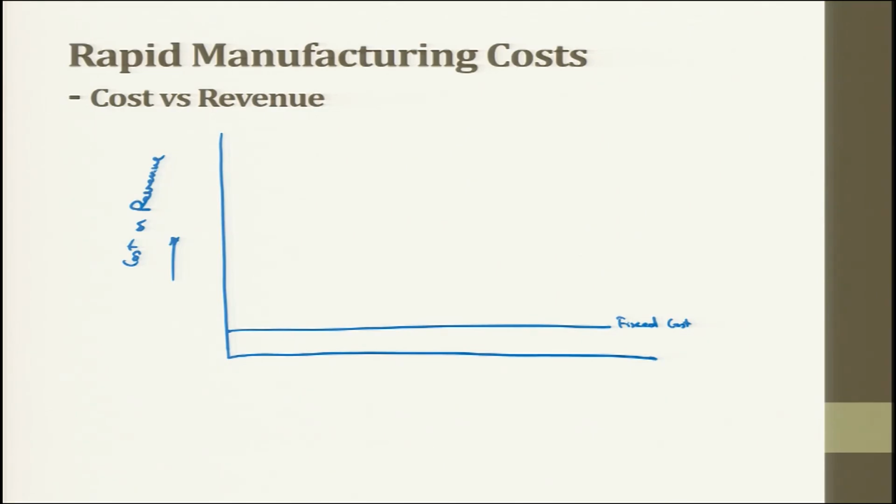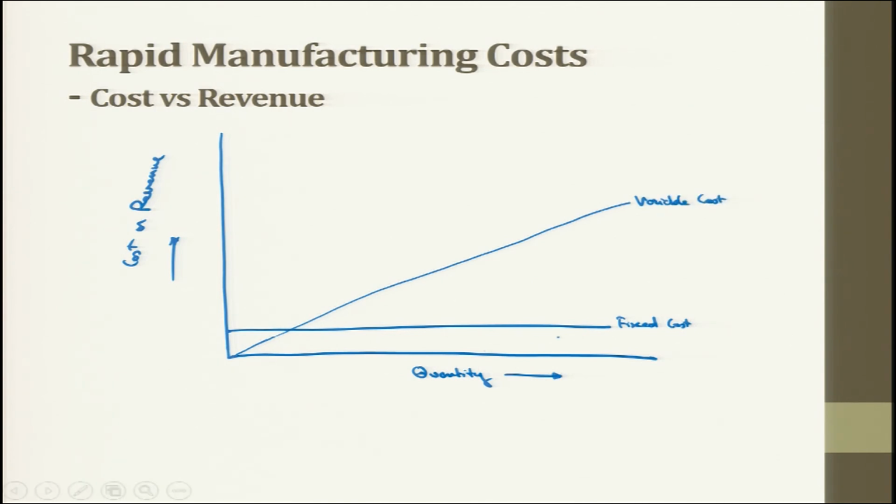So, we have the general fixed cost here, and the variable cost is depending upon the number of units. So, this is the quantity here. Variable cost is something like this, that varies with quantity. This is variable cost.